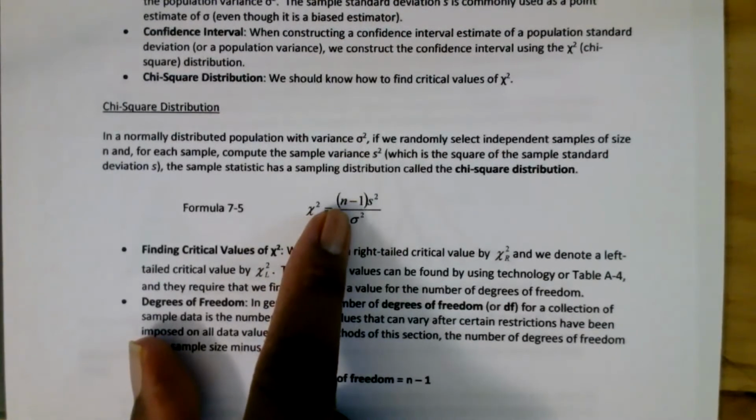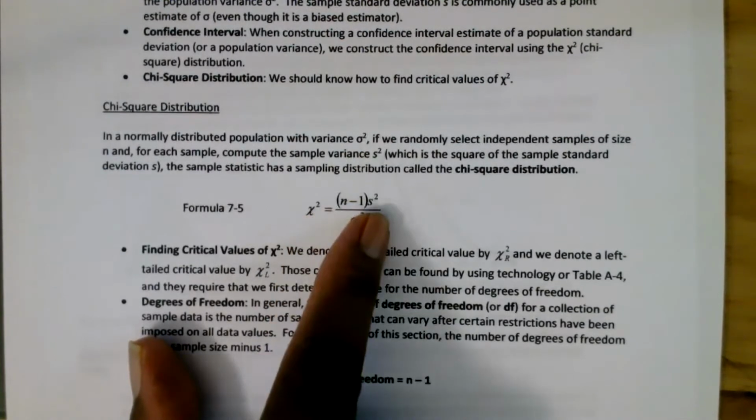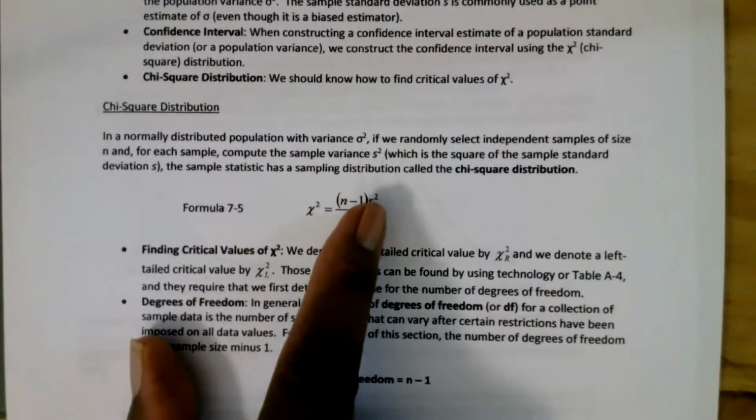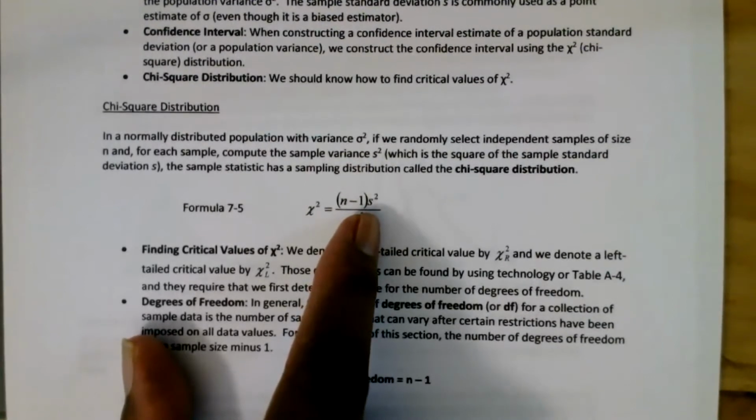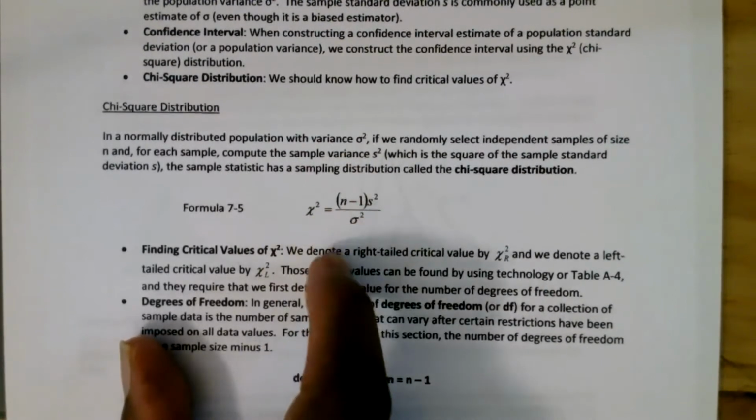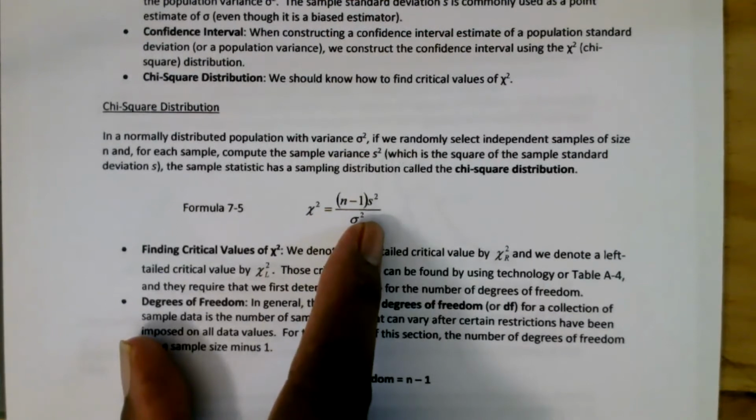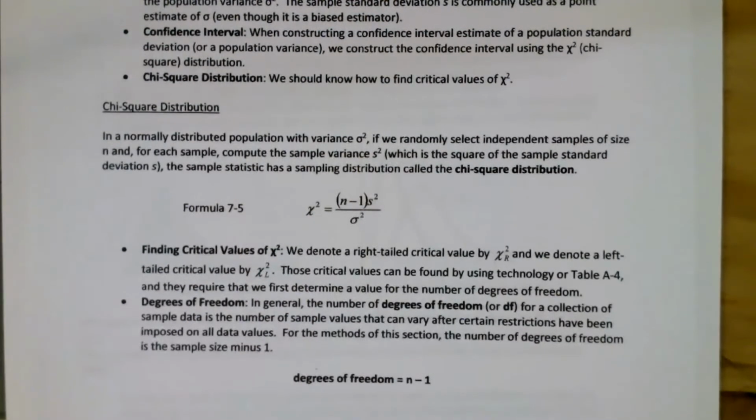N is the sample size, and then s is, of course, the standard deviation, but when you square it, you're dealing with the sample variance. That's going to be divided by sigma squared. That's, of course, the population standard deviation squared, or the population variance.